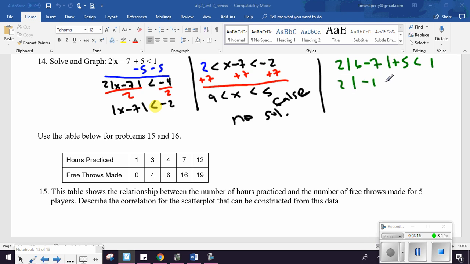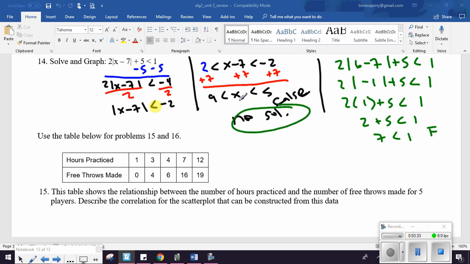That's negative 1. 2 times the positive 1. That would be 2 plus 5 less than 1. 7 less than 1. That's false. So this has no solution.